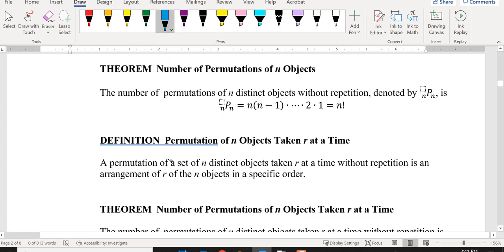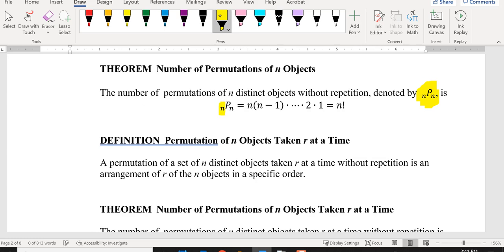All right, there's a theorem that says the number of permutations of n distinct objects without repetition, and that's denoted by, okay, look at the notation. The permutation of n, pick n.